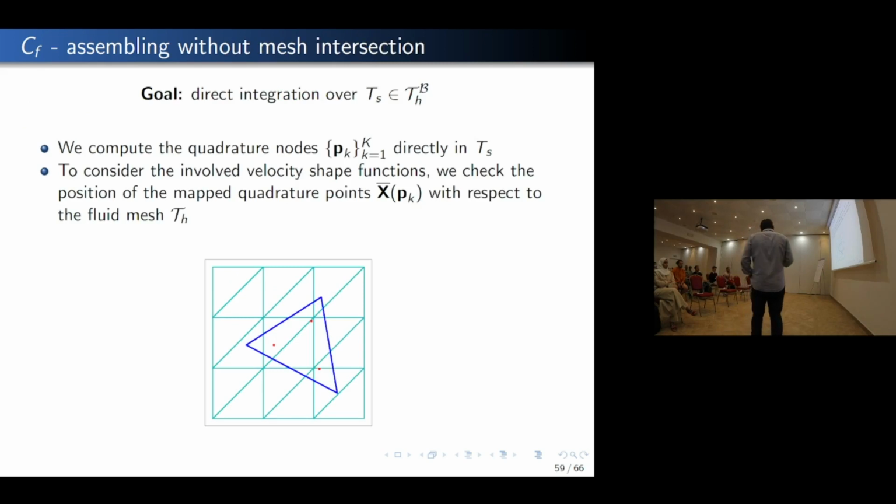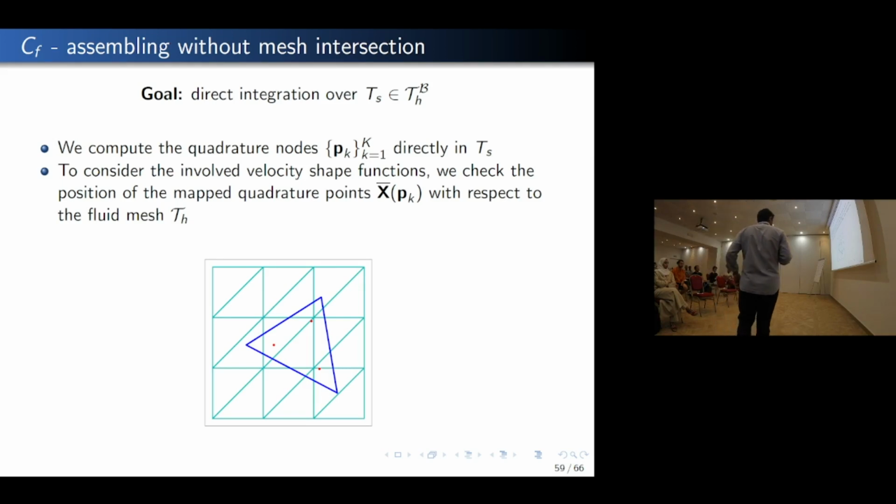The second technique is the assembling without mesh intersection. So basically this means we integrate directly over Ts. We compute the quadrature nodes pk in Ts, and then to consider the velocity shape functions that interact with this element, we check where the mapped points x bar of pk are placed in the fluid mesh.